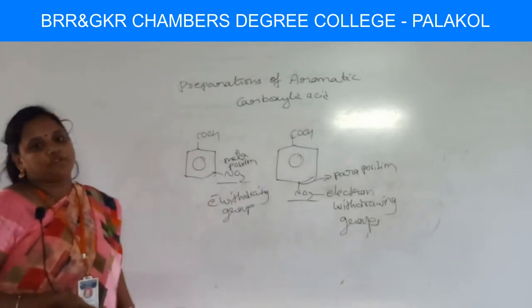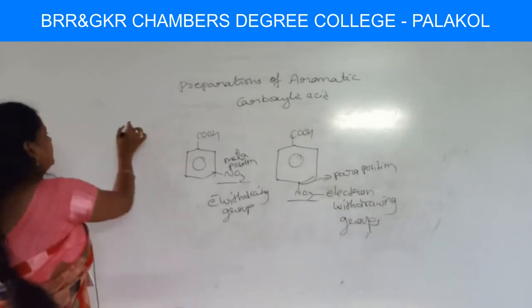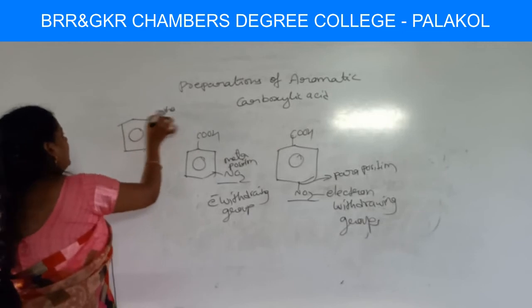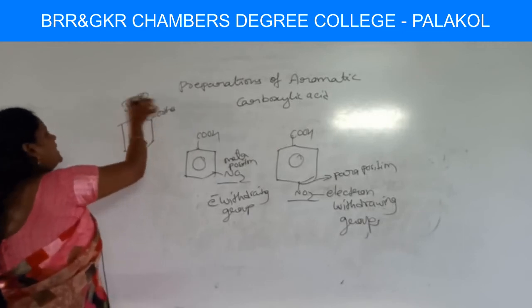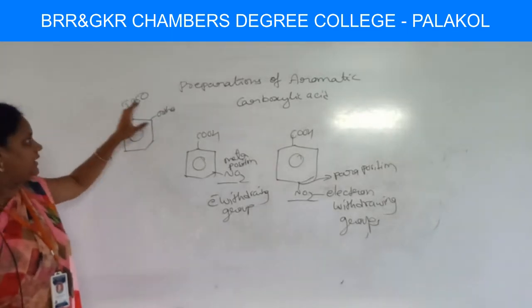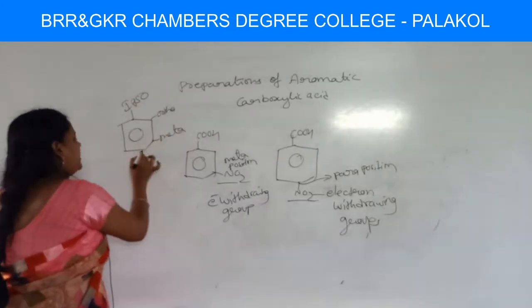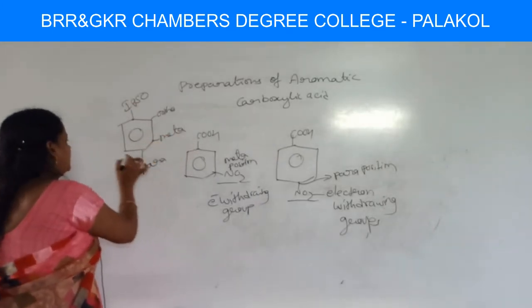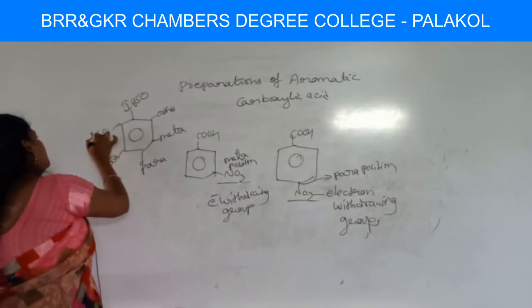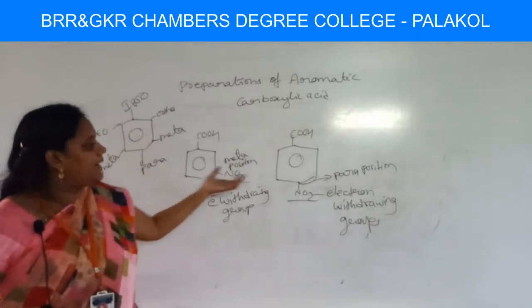Do you know about the positions of the benzene ring, students? Let me discuss once. This position is ortho and the main position is called the ipso position. And this one is the meta position, this one is the para position, and again this one is the meta position, and this one is the ortho position. Okay, there is a difference between meta and para.